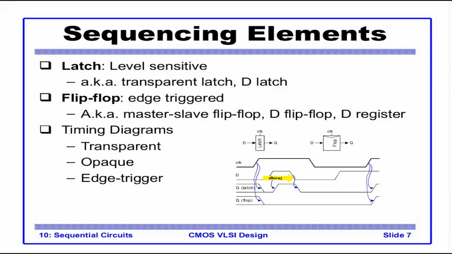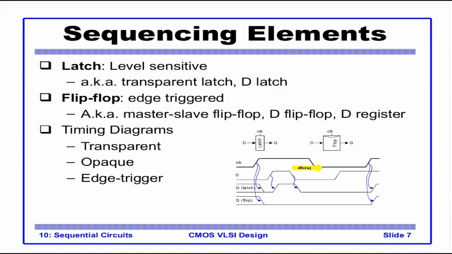Now when the clock goes to 0, the closing edge of the clock, that is whenever the clock is going from high to low, this will close the latch. What it means is that whatever data is there in Q will be held.